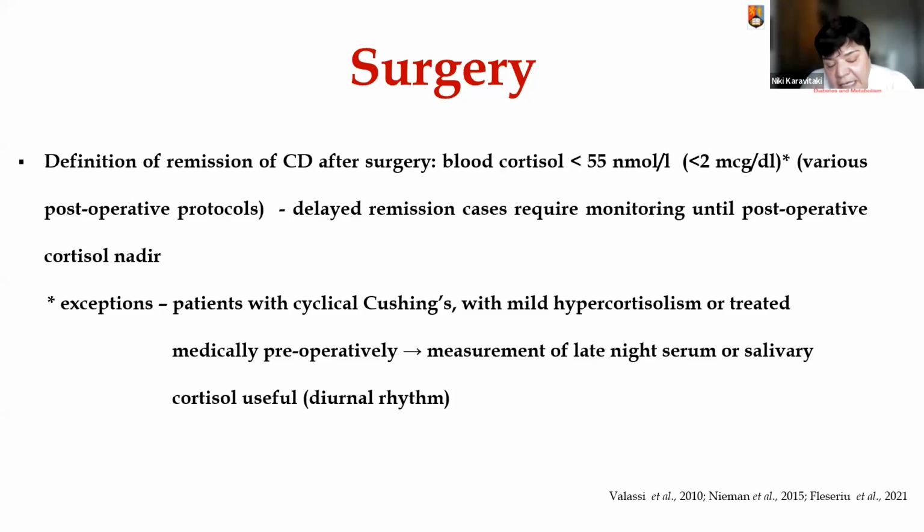So in these cases, the normal corticotrophs have not been completely suppressed. And therefore, the patient may be in remission, but still we don't pick up the very low cortisol we want to pick up. In such cases, a way to identify remission is probably by measuring late night blood or salivary cortisol. And if we see that the diurnal rhythm is there, then this would suggest that we have the desired effect of remission.